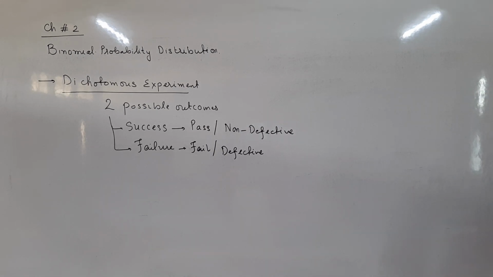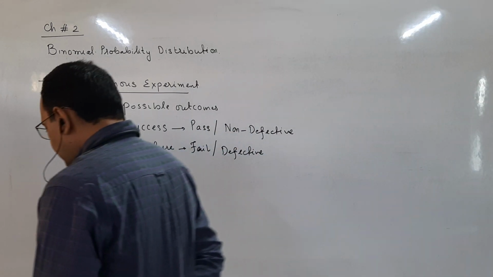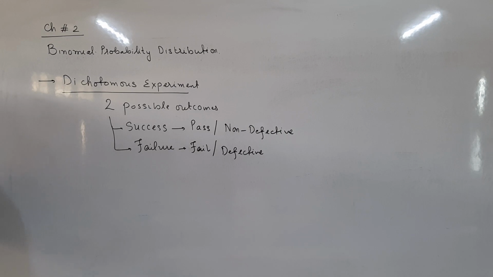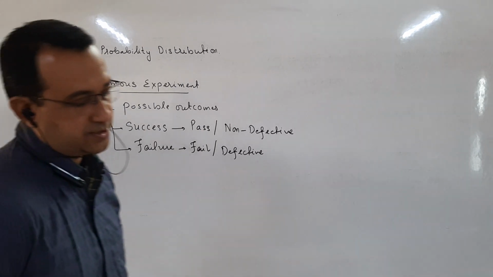Such experiments are called dichotomous experiments. So our first definition for today's lecture goes for dichotomous experiment. A random experiment which has only two possible outcomes, out of which one we call success and another we call failure, is called a dichotomous experiment.